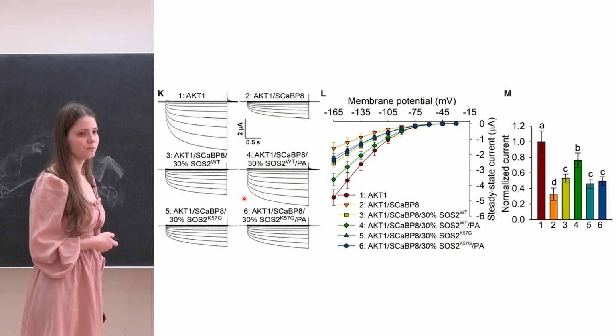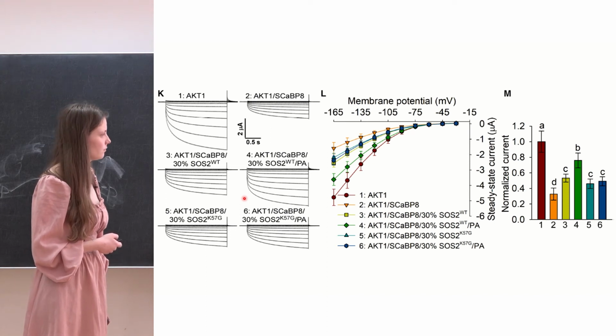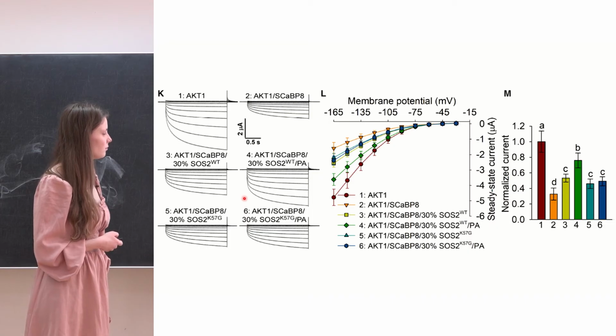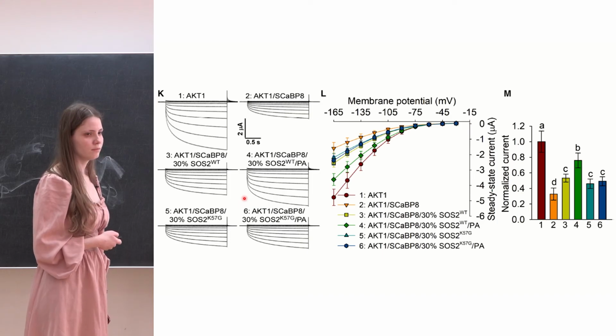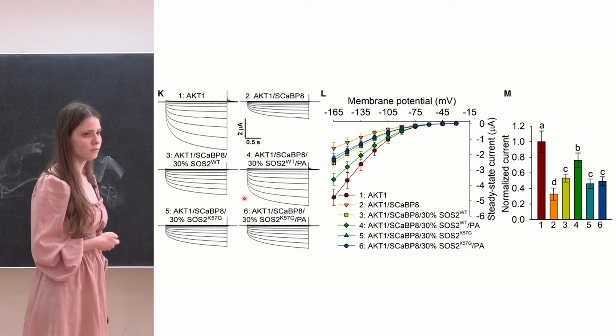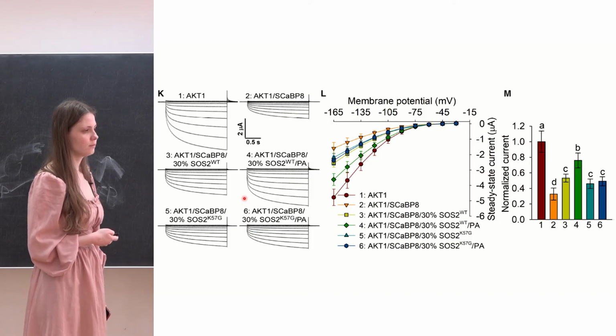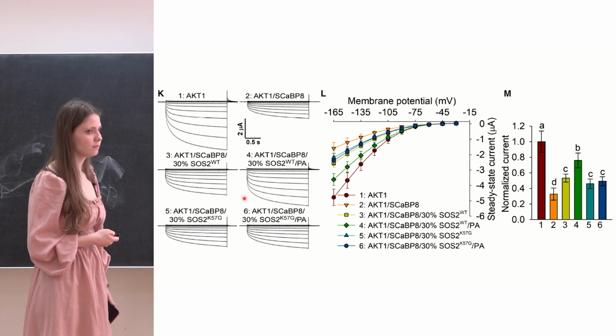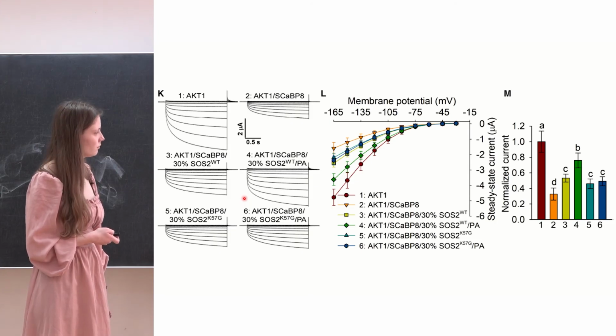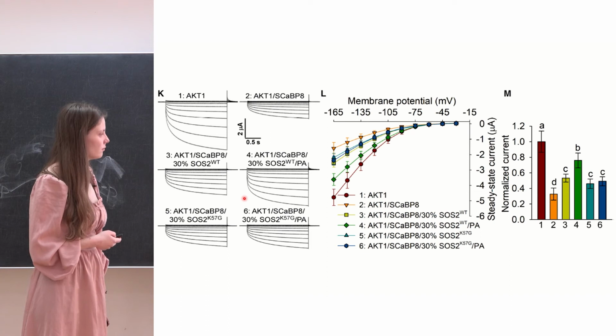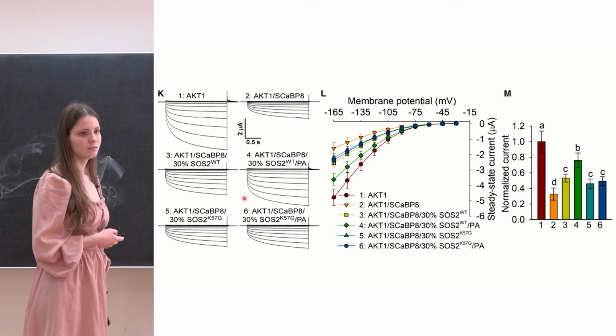Ну, мы видим, что добавление фосфатидной кислоты к SOS2 с заменой не стимулирует, не повышает активность канала AKT1, в то время как добавление фосфатидной кислоты к активной SOS2, наоборот, повышает активность AKT1.